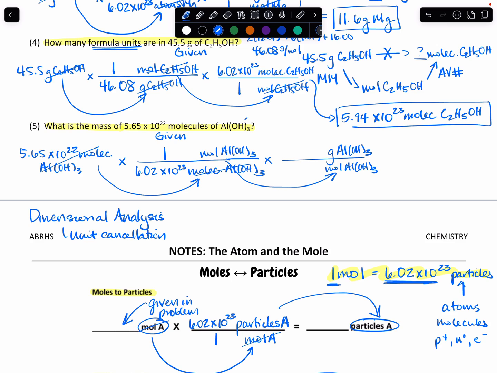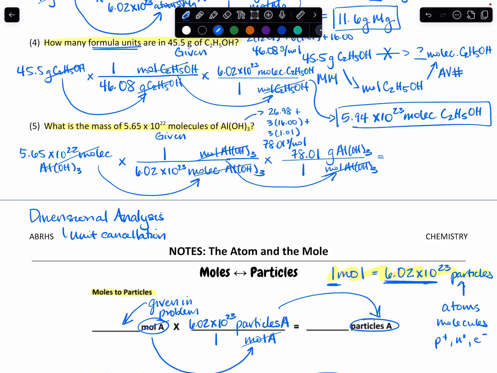So I've got to take a second. The molar mass: 26.98 for the aluminum. And then I have 3 oxygens at 16 each, plus 3 hydrogens at 1.01 each. So that's going to be 78.01 grams per mole. So in other words, 1 mole of this substance has a mass of 78.01 grams. I'm sorry, it's a little crowded there. That's going to let me cancel my moles.